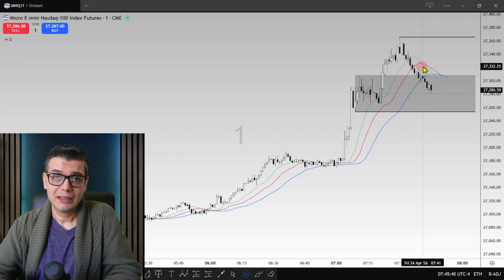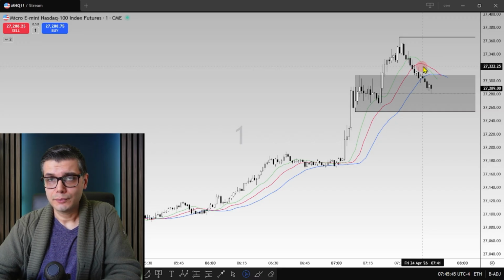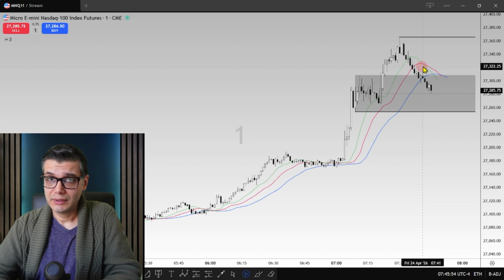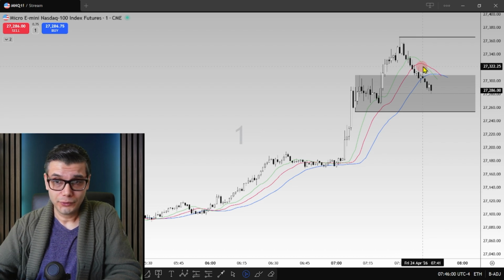These candles would help me to place my orders, meaning if the price returns to this area, I would like to short it. But still, we are waiting for that break of structure.